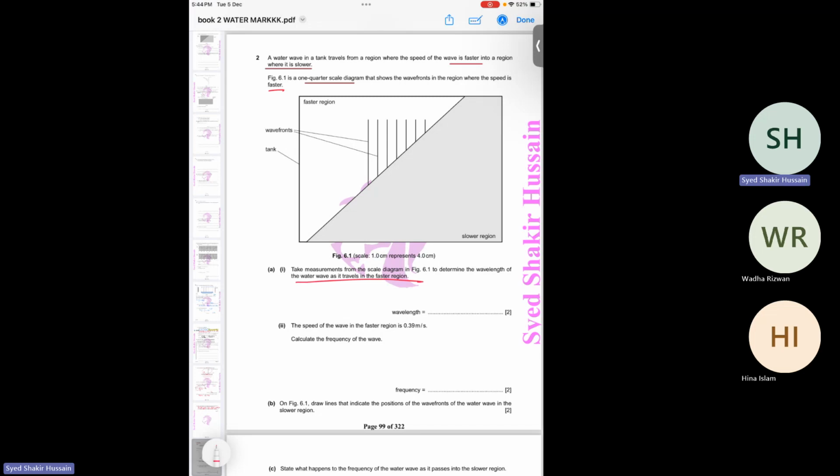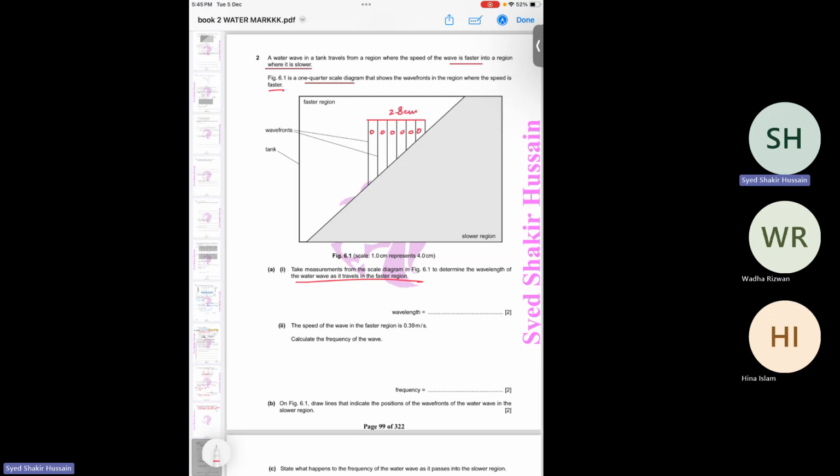A very easy method to find the wavelength is to find the distance of all these wavefronts, and these wavefronts result in how many waves? 1, 2, 3, 4, 5, 6 waves, right? These wavelengths result in 6 waves. Now, please tell me what's this distance? 2.8 is the total distance. 2.8 centimeter, right?